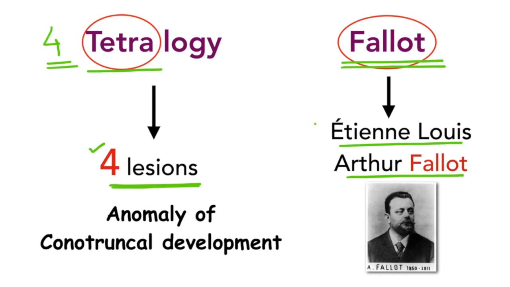He was not the first one, but he described tetralogy in a very detailed manner way back in the year 1888. So, Fallot was a physician who described tetralogy, and tetralogy means it is a combination of 4 distinct lesions. Embryologically, tetralogy is an anomaly of conotruncal development.